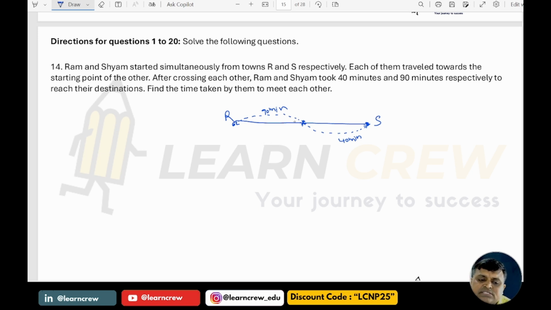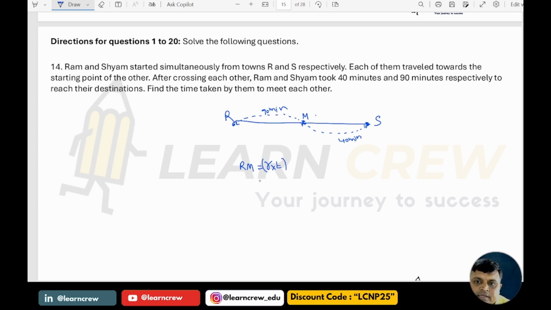So like the speeds of Ram and Shyam are some R and S, and like this meeting point be some M. This RM would be speed of Ram into time taken.